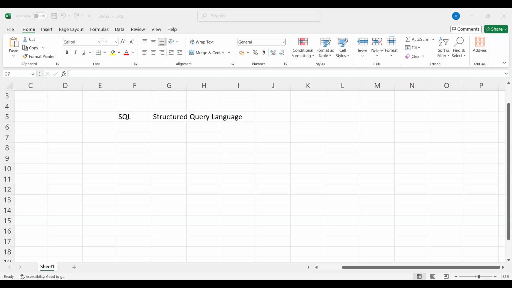As I said in my introduction, I am a data science professional. I can say SQL is the backbone for any domain in the IT industry. If you are a fresher who wants to start your career, or a non-IT professional trying to transition into IT, whatever domain you choose, you need to know SQL.